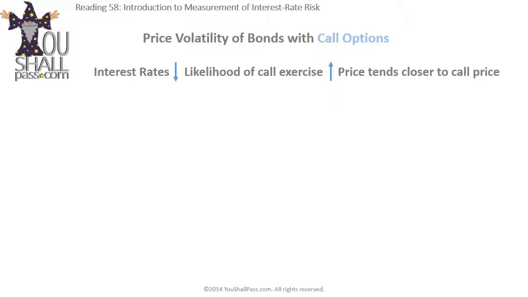And by the same token, as the likelihood of the call option being exercised increases, the price of the bond starts to tend closer and closer to the call price, regardless of what the interest rates are. The lower the interest rate, the greater the likelihood of the call being exercised, and the closer the price will be to the call price.